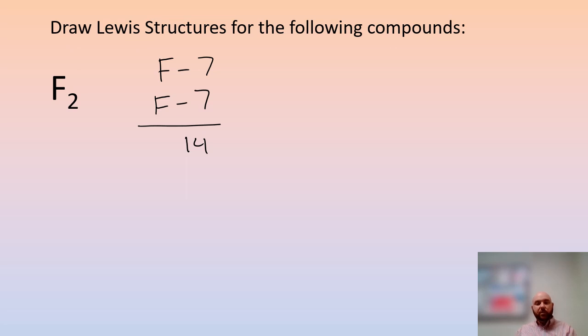The second step of the Lewis structure process is to determine the central atom and then connect everything to that central atom via single bonds. In a diatomic molecule, there is no central atom, so we do not need to worry about what the central atom is. We will just show our 2 F atoms connected by a single bond.